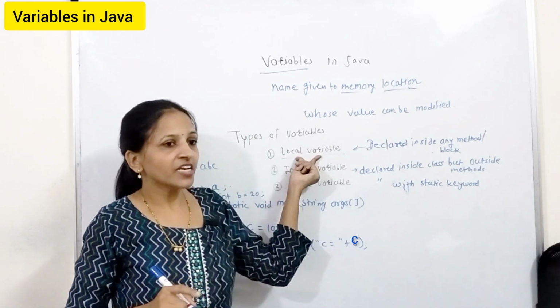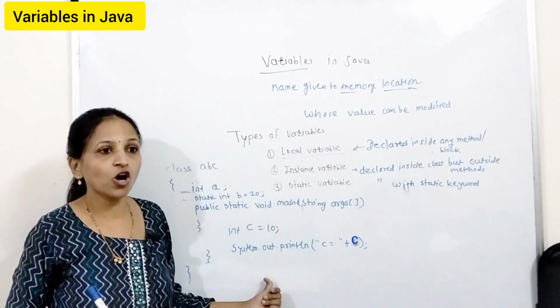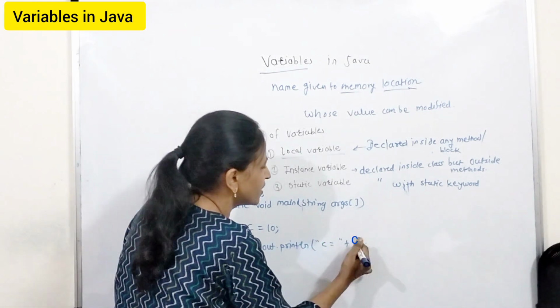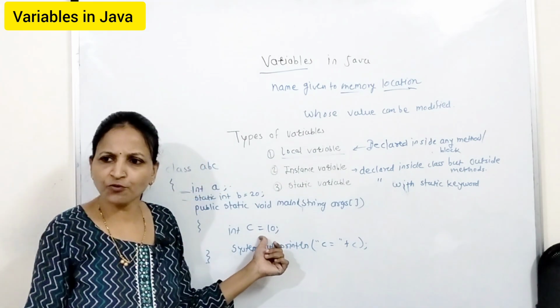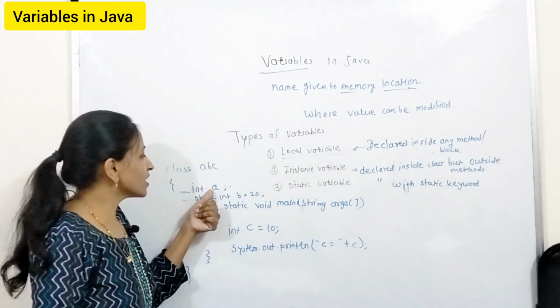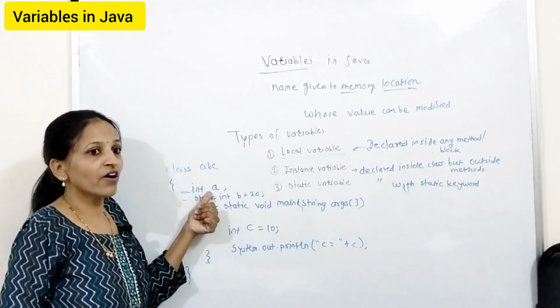Okay, now say next point. If any variable you have declared inside any method or any block, then you have to access that just like a normal variable without having object name, without having class name. Any local variable you have declared, you have to just access using that variable name only. If you have declared any instance variable, this is called an instance variable. Why?